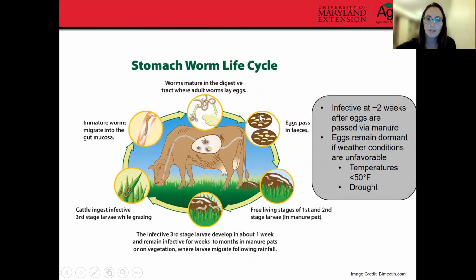Then it lays eggs, which are deposited in the feces, and the eggs hatch and the larvae mature. It takes a couple of weeks before they become infective again. For this particular worm, they become infective around 2 weeks after they're passed into the manure. That's important to note, because it can help you make management decisions regarding pasture rotations and treatments.